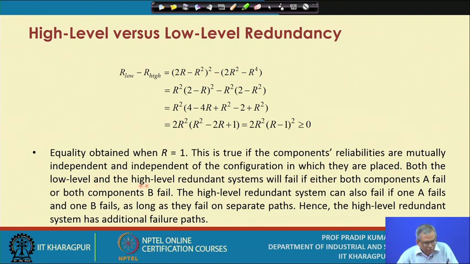Both the low level and the high level redundant systems will fail if both components A fail or both components B fail. Is it okay? So, whenever you create a configuration, a system, and look at it from the reliability perspective, you must know under what conditions the system will fail completely.